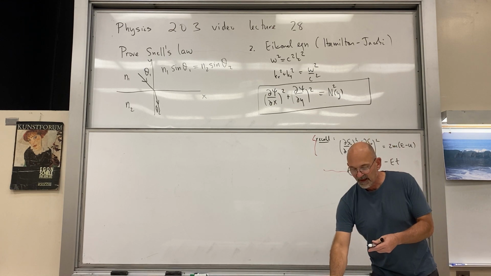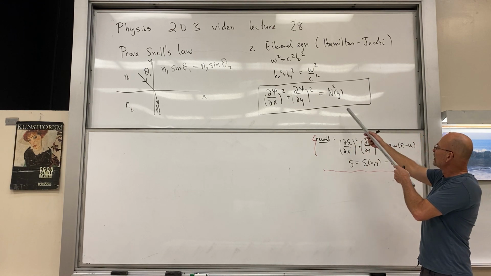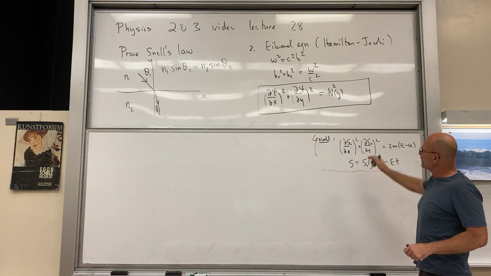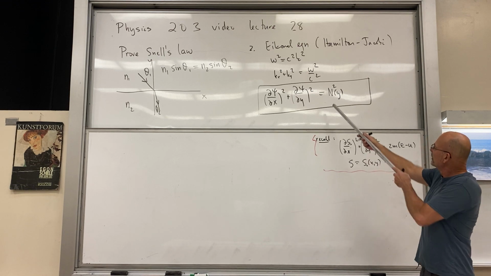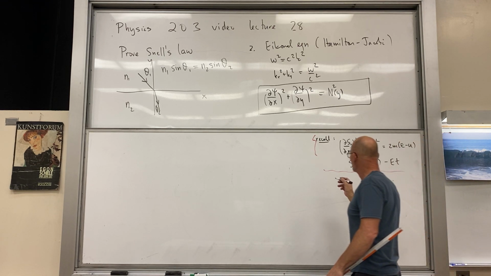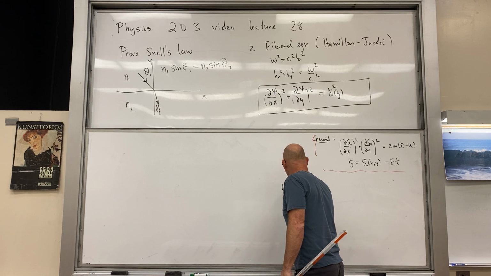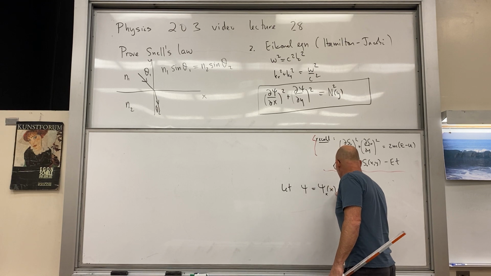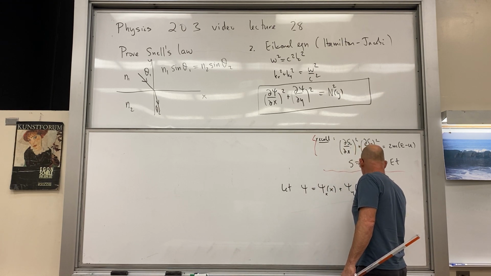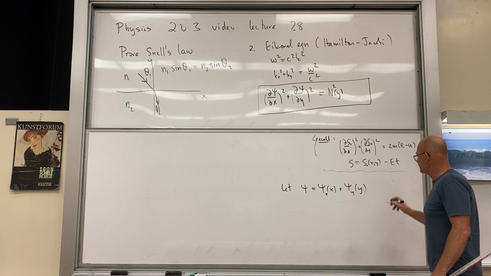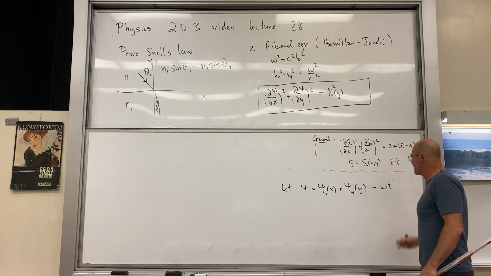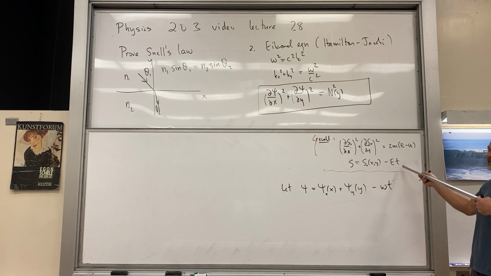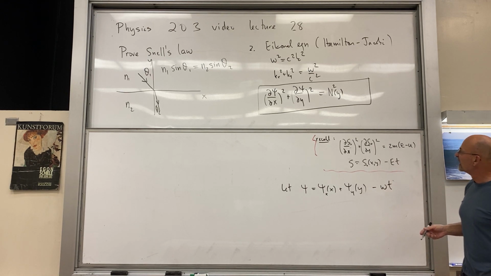But we're doing the same thing with the Eikonal equation, and I'm even going to make it look like the way we did when we solved this. So we have this equation, and we're going to let c be equal to c_x of x plus c_y of y minus omega t, just as we had S was S_x of x plus S_y of y minus E times t.